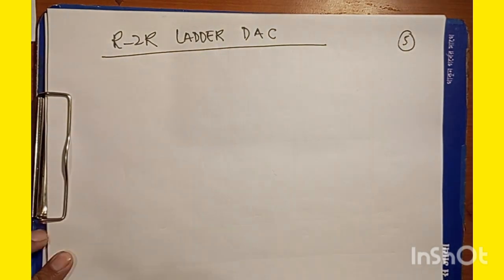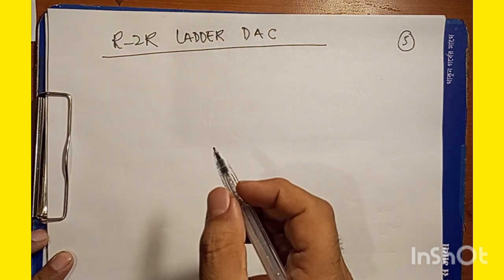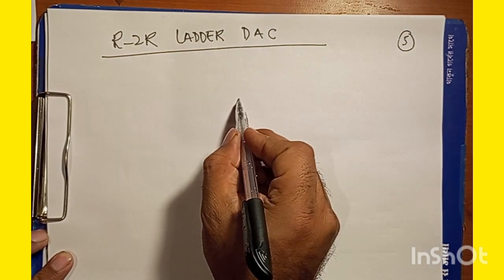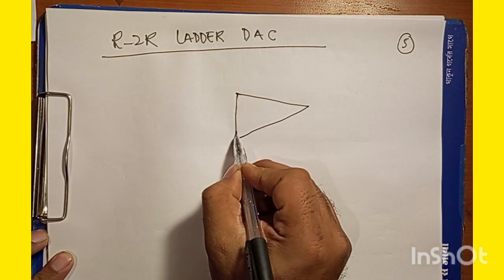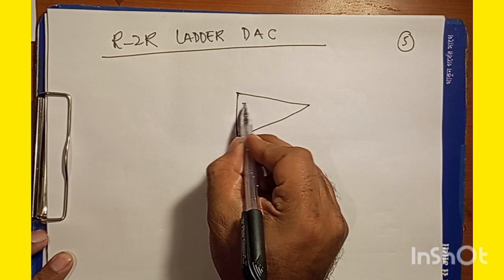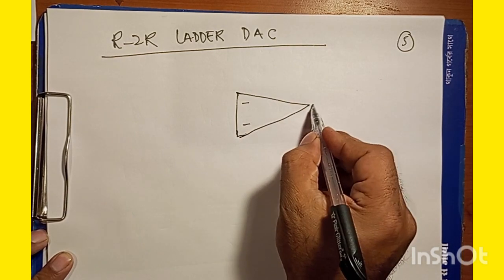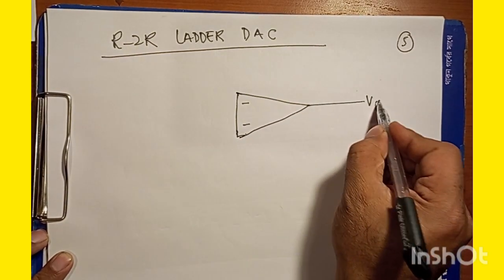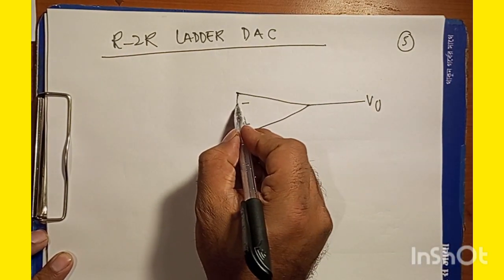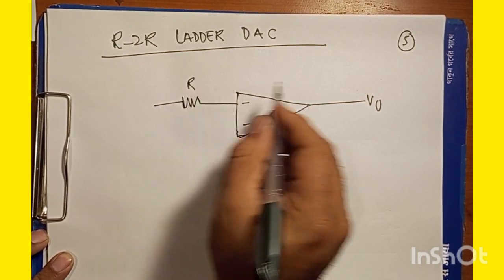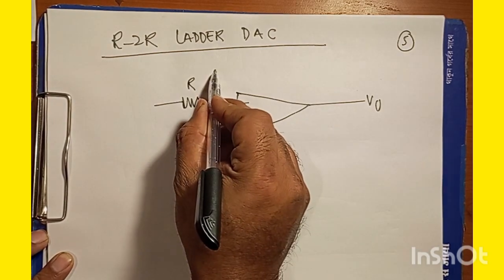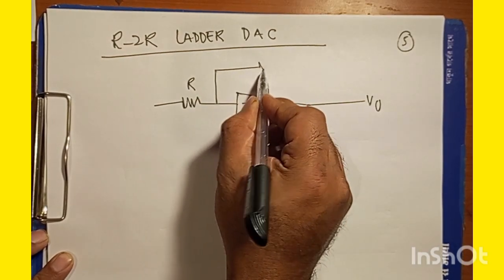R-2R ladder DAC. So to go with it, as usual we have the operational amplifier, with minus, plus, and the output, and we have a resistance R here, and here we have a resistance 2R.